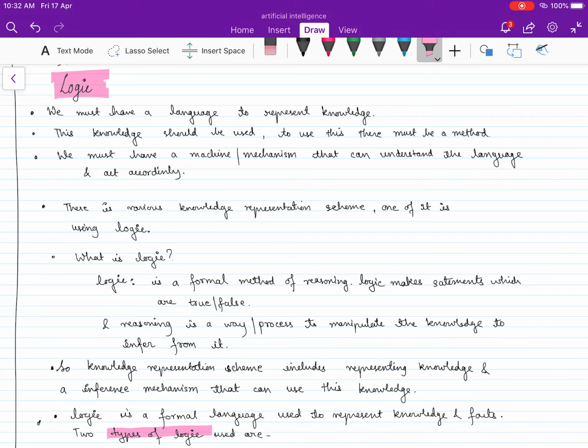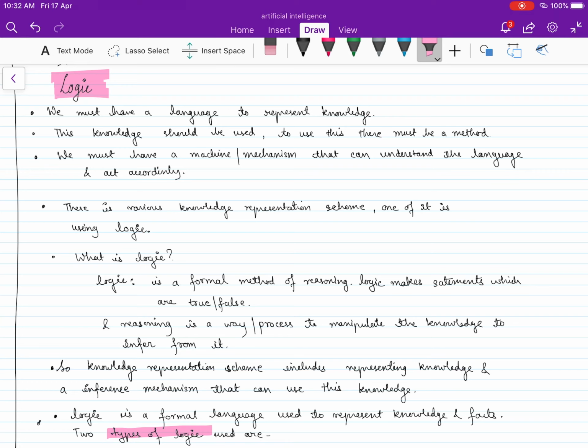Today we are going to discuss logics. Before going to it, we have already discussed what knowledge representation is, and what facts and beliefs are, and the mapping between facts and representation.